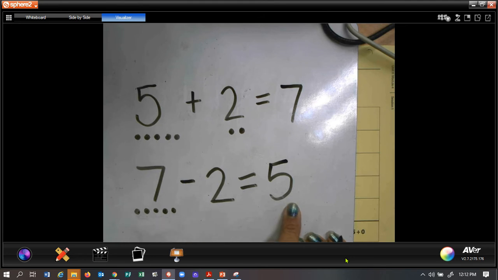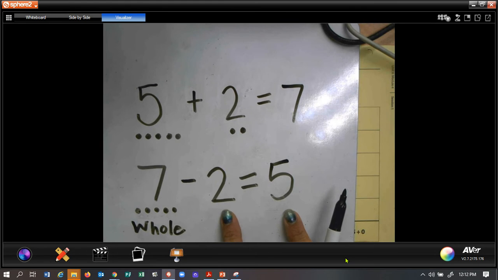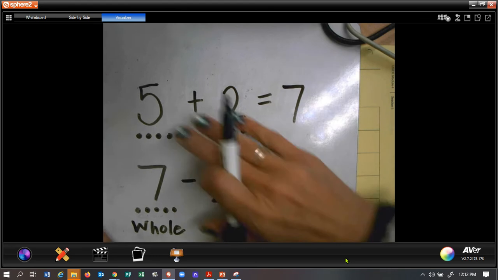That's my other part. So in subtraction, we always start with the whole, and we take away one of the parts, and we're left with the other part. So knowing that, let's practice a missing number in subtraction.